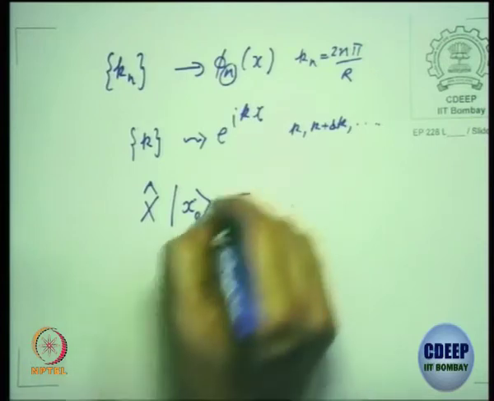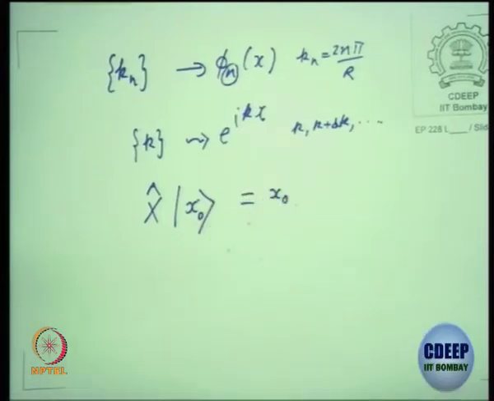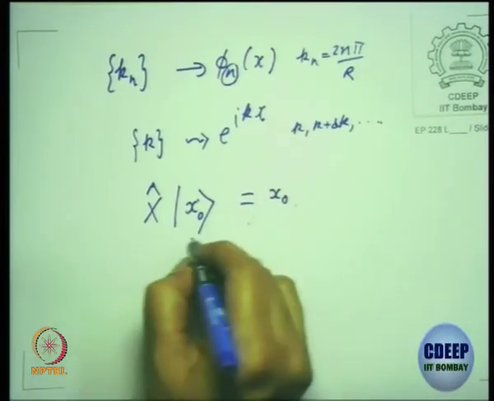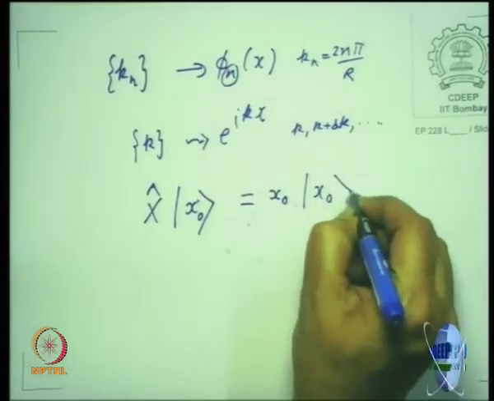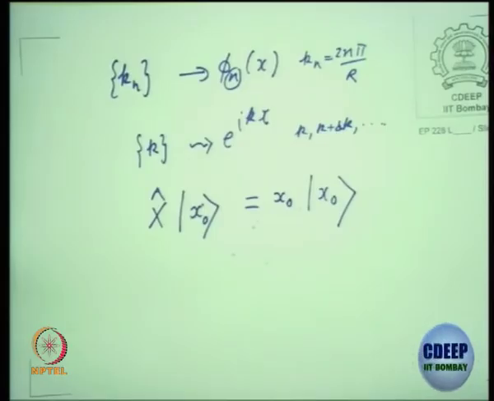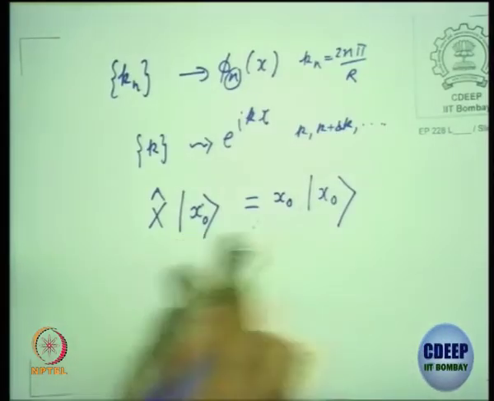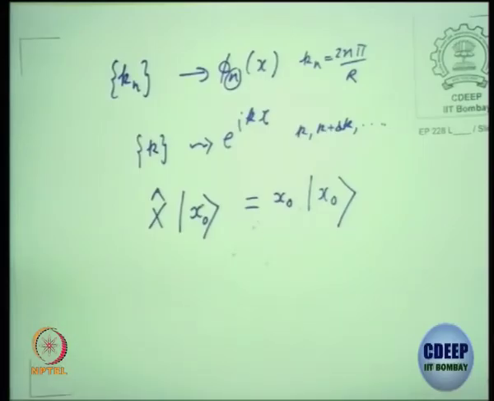What? You will get a position eigenvalue which will give information about that state at x naught. So this is an eigenvalue equation for the position operator with eigenvalue x naught, and ket x naught is what I call an eigenfunction. So the position basis means they are eigenstates of the position operator.